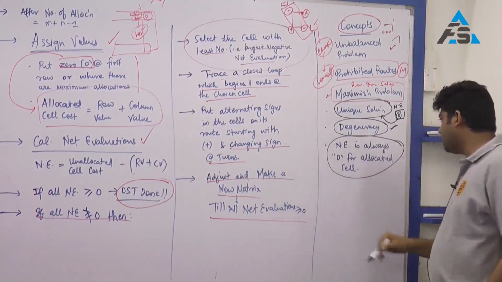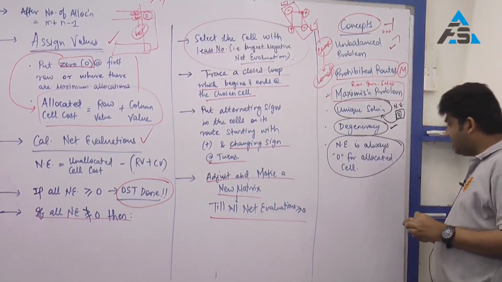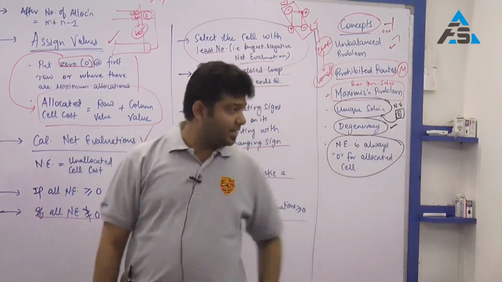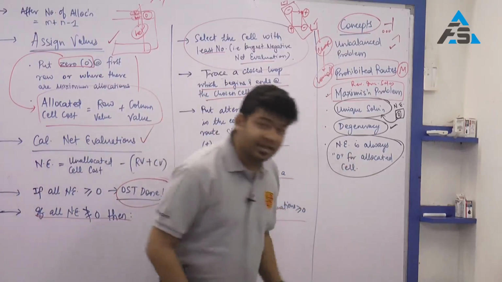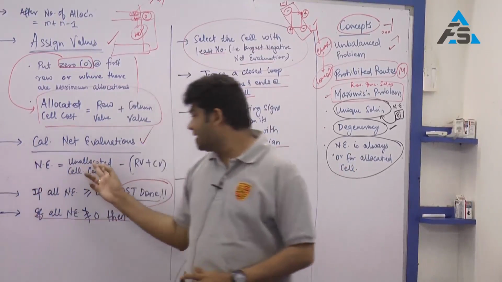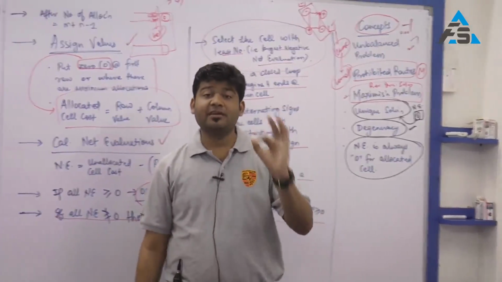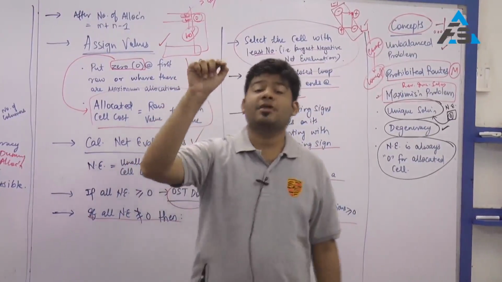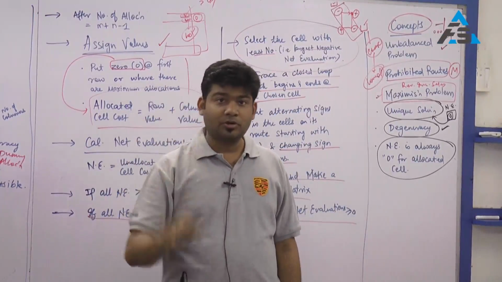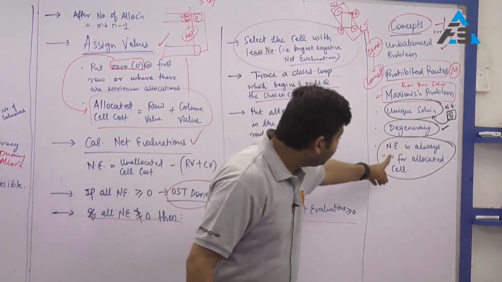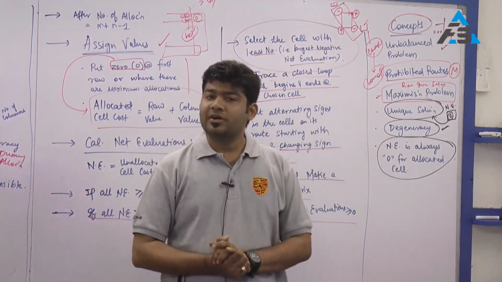Then comes net evaluation. Net evaluation is always 0 for allocated cells. What is net evaluation? Net evaluation, we know, is unallocated cell cost minus row value plus column value. Closely observe, wherever there is an allocation at a cell, the net evaluation will always be 0 for that cell.